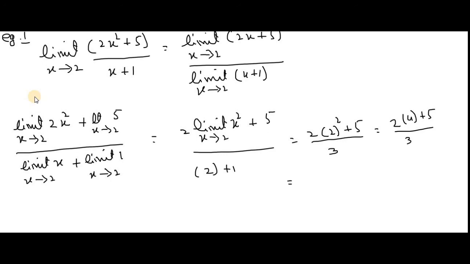We get 2 fours are 8 plus 5, whole divided by 3, and 8 plus 5 is 13 by 3. This is your answer. It's better to remain in fraction rather than divide it out.